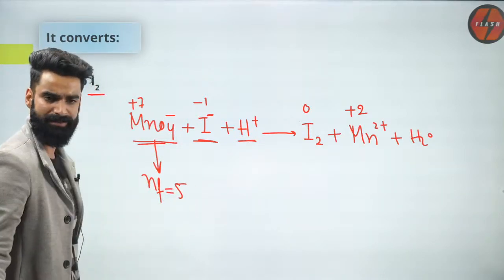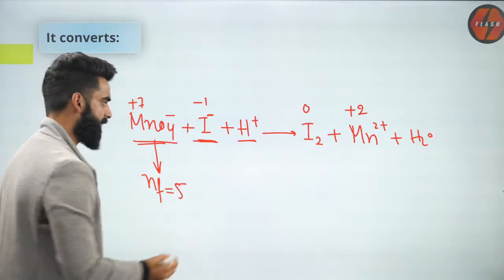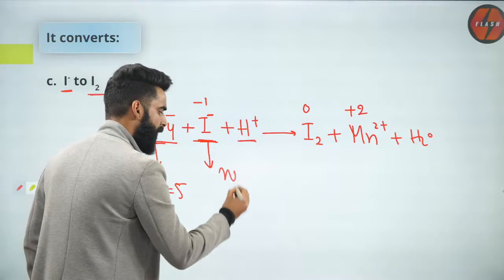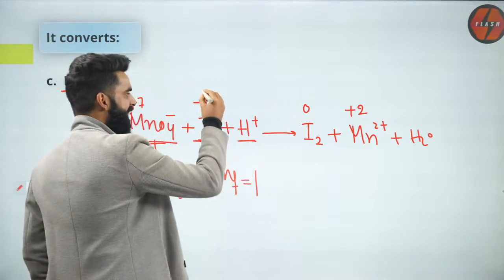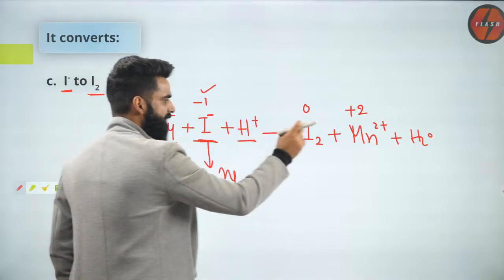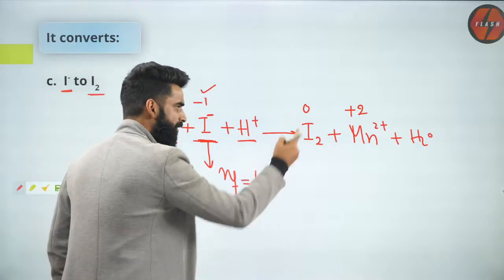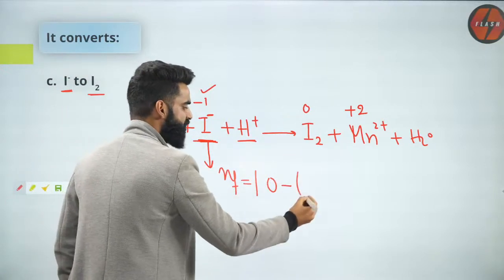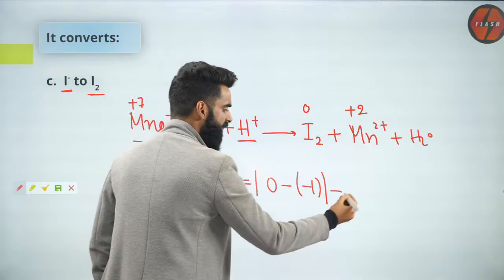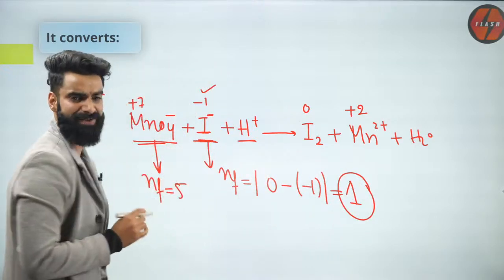Now talking about the N factor of I negative: this is the initial oxidation state of iodine, this is the final oxidation state. Calculate the change in the oxidation state, which is final oxidation state of iodine minus initial oxidation state of iodine. The value will come as 1. So 1 is the N factor of this I negative in this reaction.